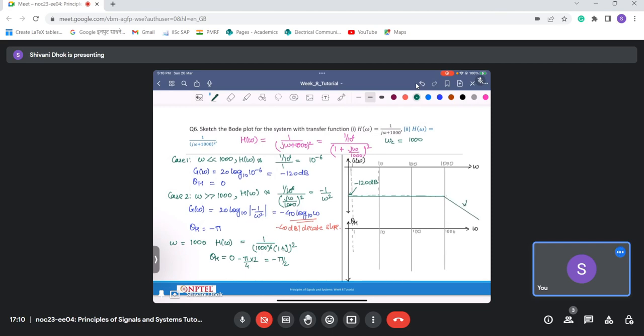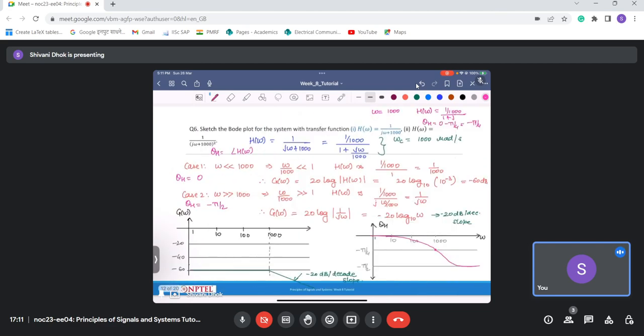So this is minus 40 dB per decade, and in reality this will go something like this. Similarly here also, this won't be a sharp cut, but it will go something like this.